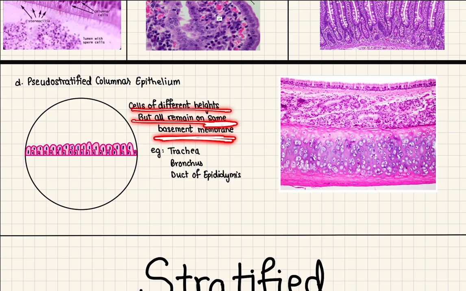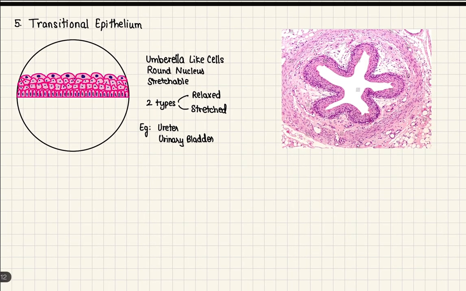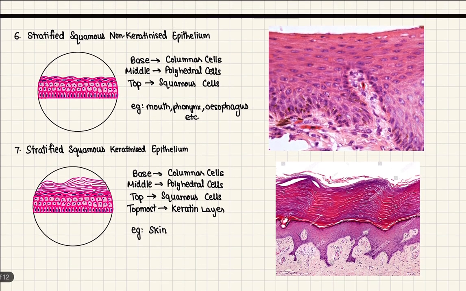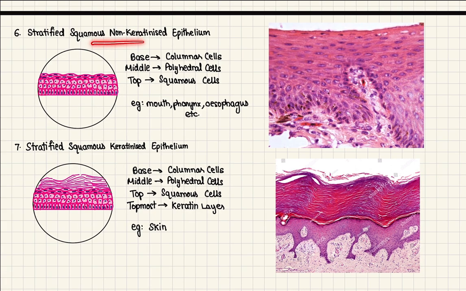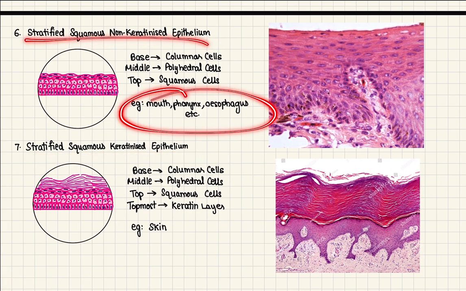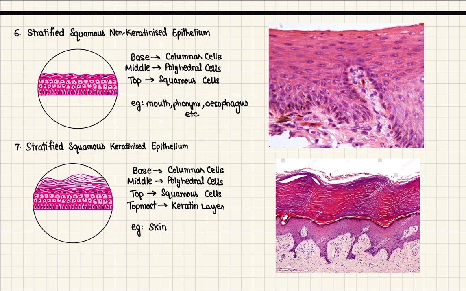Then transitional epithelium is found in organs where there is a requirement of cementing so that there is no leakage of liquid. In stratified squamous epithelium, we have stratified squamous non-keratinized, which is found in mouth, pharynx, esophagus, and stratified squamous keratinized, which is found majorly only on the skin.